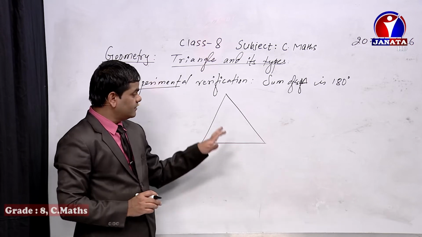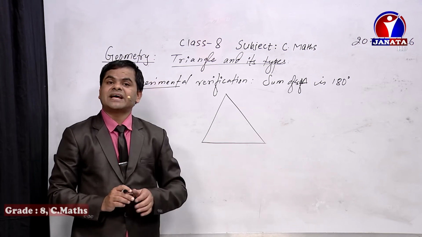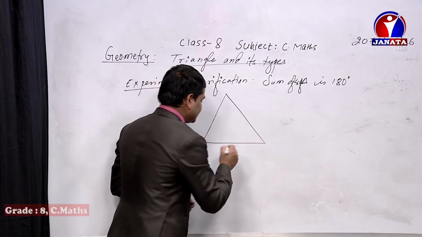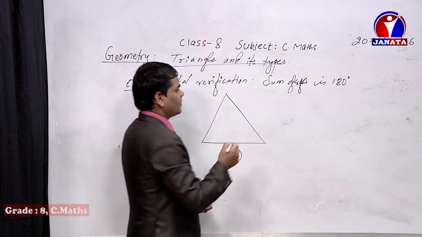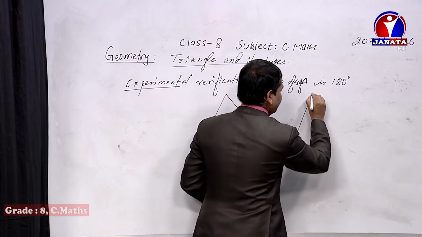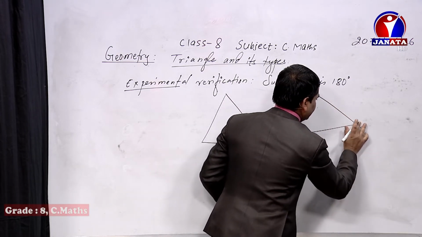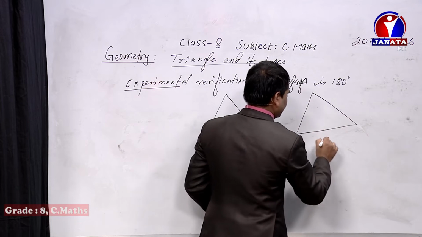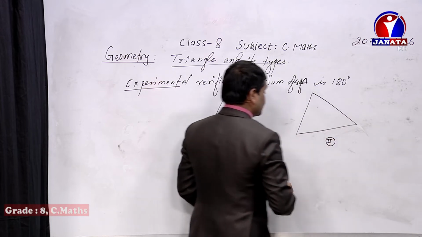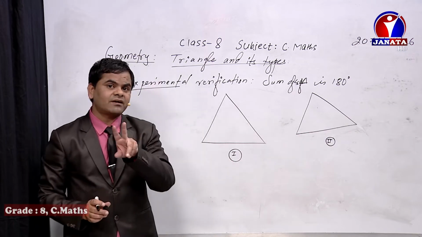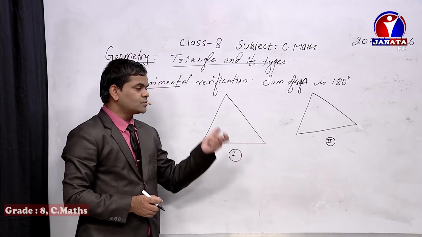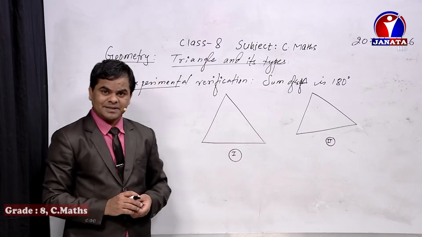It isn't necessary to make the same size triangle. One is this one, which I'm going to write as figure first. Another triangle I'm going to make here, for example this one, and I'm going to write it as figure second. So make such two triangles, or more; at least two triangles are necessary. Minimum two triangles we need to make while doing experimental verification.